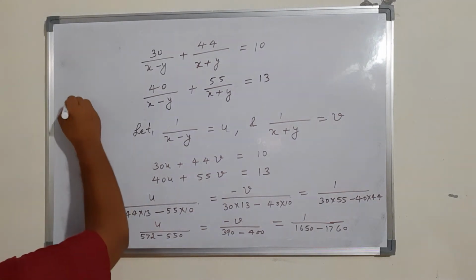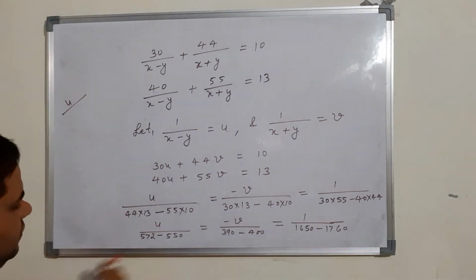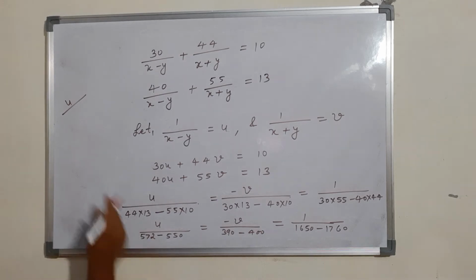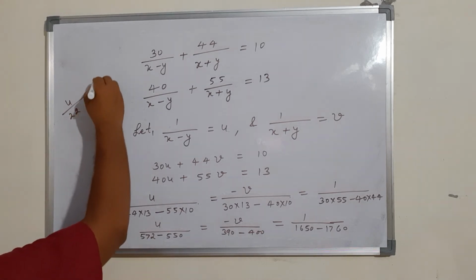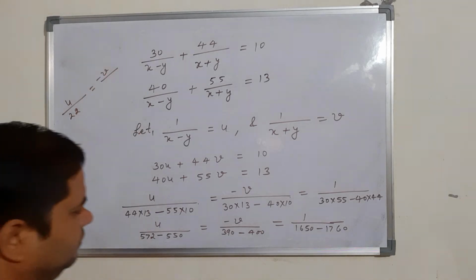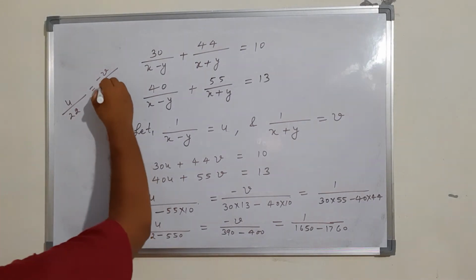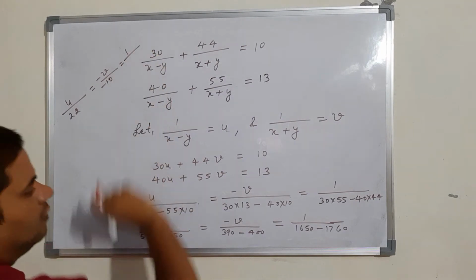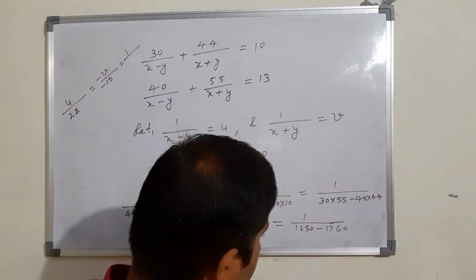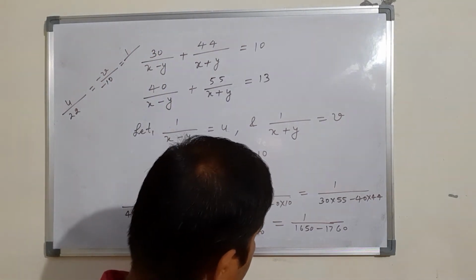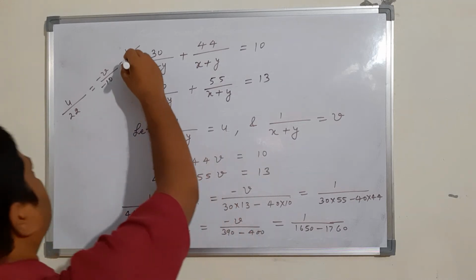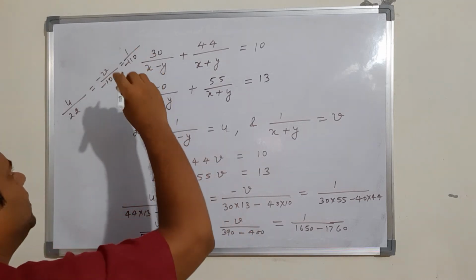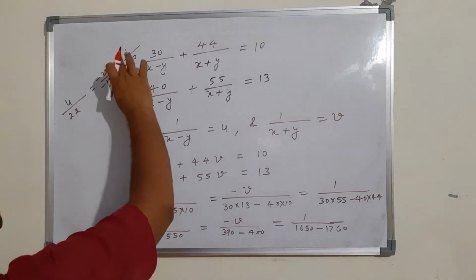So u upon this is nothing but 22 minus v upon this is minus 10, and this is equal to 1 upon, if you subtract it you will get minus of 110.